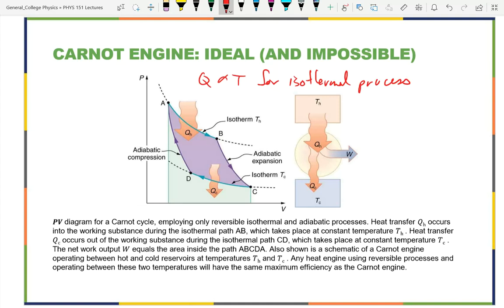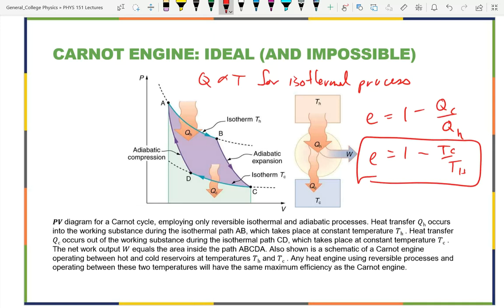So if you have a higher temperature, it's going to have a higher heat, lower temperature, lower heat for the cycle. And so if we do the efficiency, the efficiency for this engine is 1 minus temperature cold over temperature hot. I just substituted because of the proportionality.